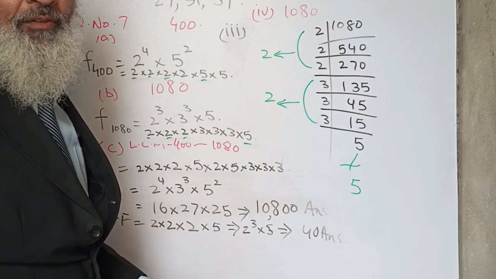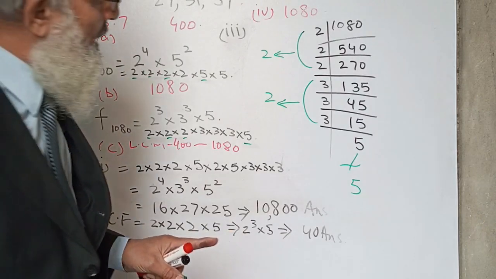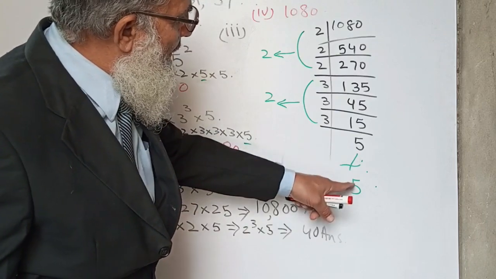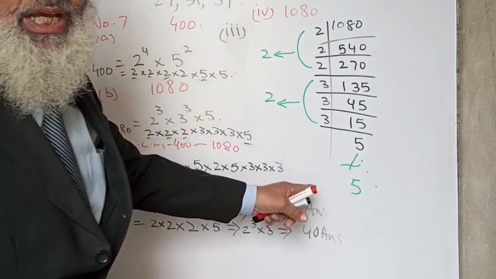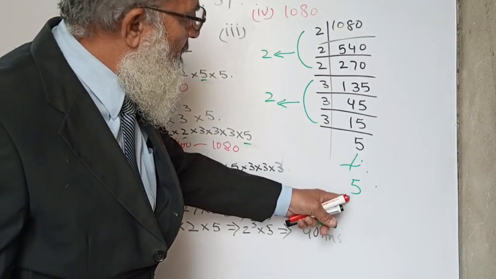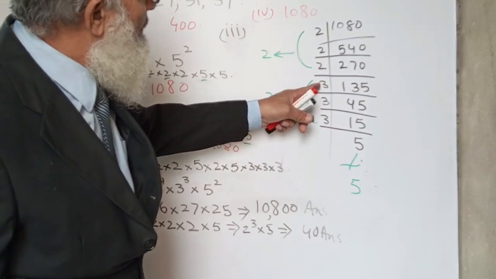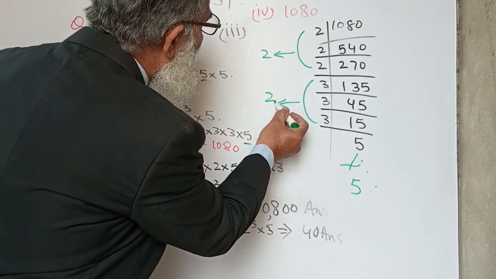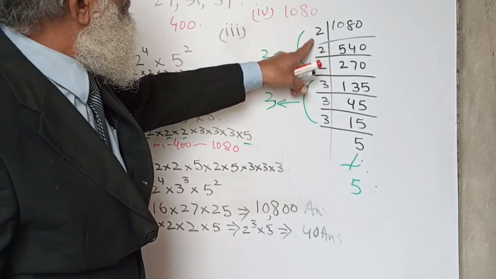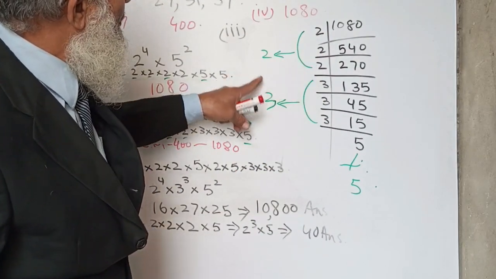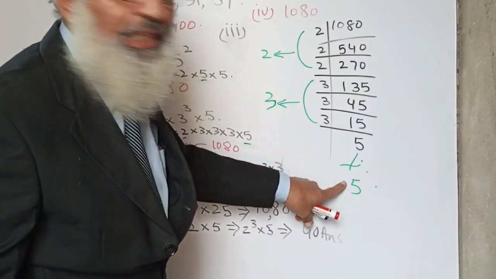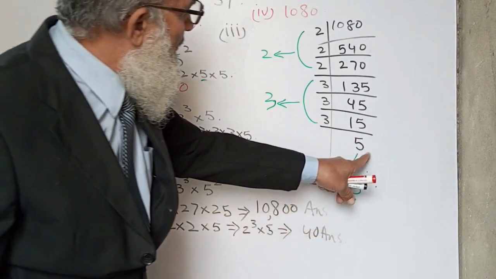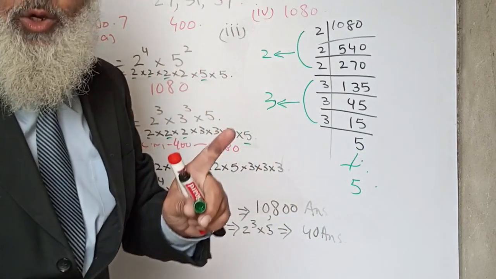If and only if it was 5, 5, 5, then we would have brought 1 5 out, like here 3, 3, 3, we brought 3, and 2, 2, 2, we brought 2 over here. But we cannot bring 5 over here because the 5 is alone.